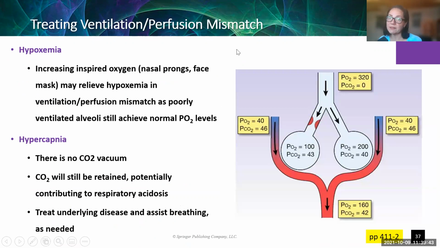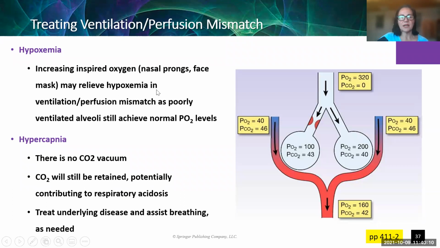How are you going to treat a ventilation perfusion mismatch? Let's talk about the 2 problems. We've got hypoxemia. We don't have enough oxygen in the blood. And we have hypercapnia. We have too much carbon dioxide in the blood. For the hypoxemia side of things, we can increase the inspired oxygen: nasal prongs, face mask, they might have to be intubated.